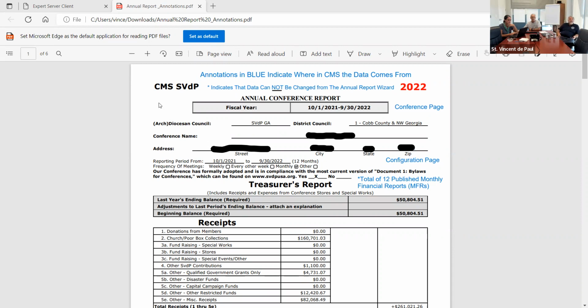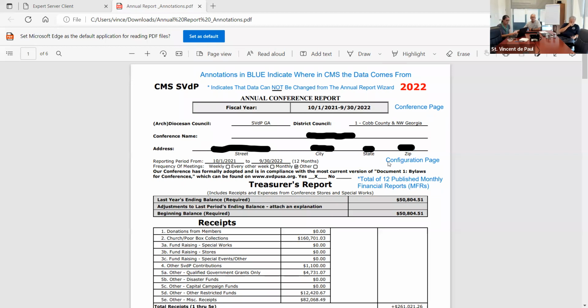Okay, so you can read up here. This is what I've done. I'm not very good at it, but I try to do my best. Some annotations are in blue and indicate where in CMS the data comes from. If there's an asterisk next to it, it indicates the data cannot be changed from the annual report wizard.